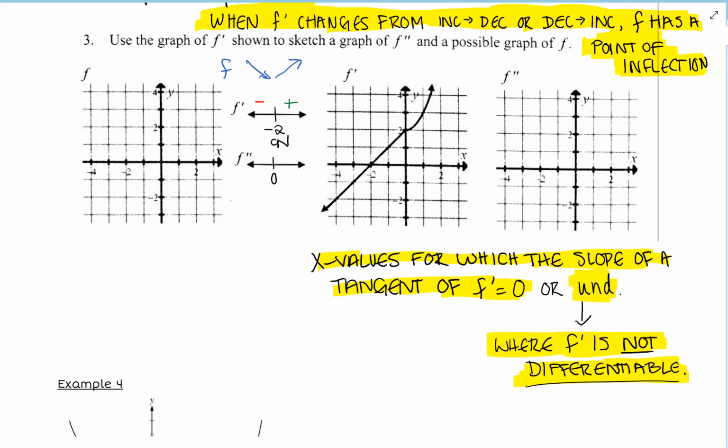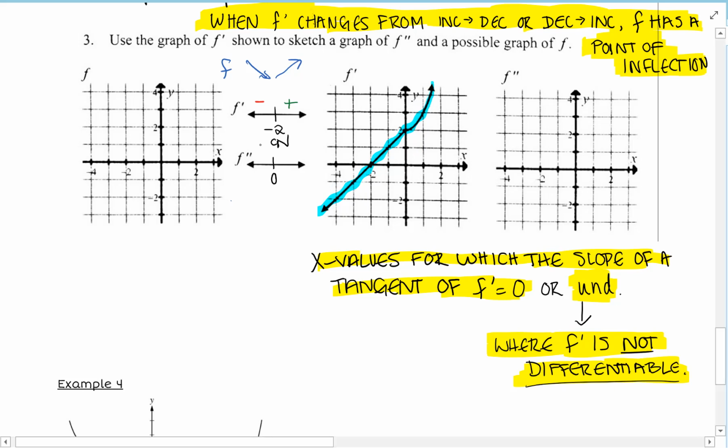Now I will look at where the graph of f prime is increasing or decreasing to see if 0 is a point of inflection or not. From left to right, f prime is steadily increasing. We are not decreasing at any time in the graph of f prime.